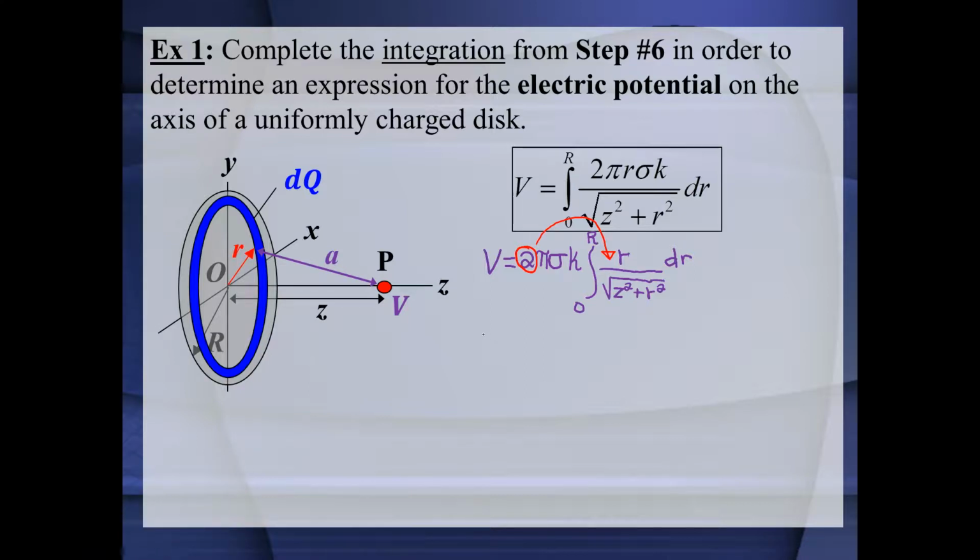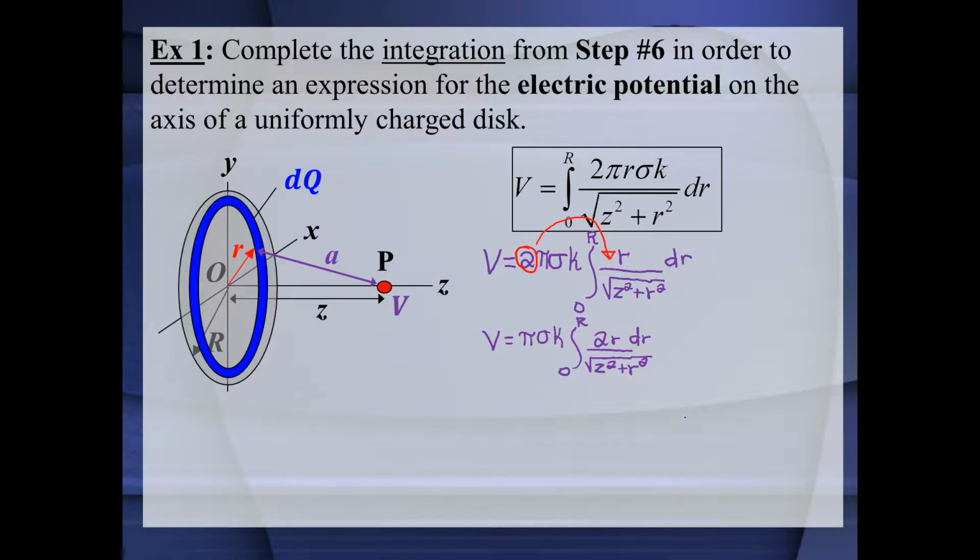So this would then be V is equal to pi times sigma times k. And then we're going to integrate from 0 to R of 2r dr divided by the square root of z squared plus r squared.